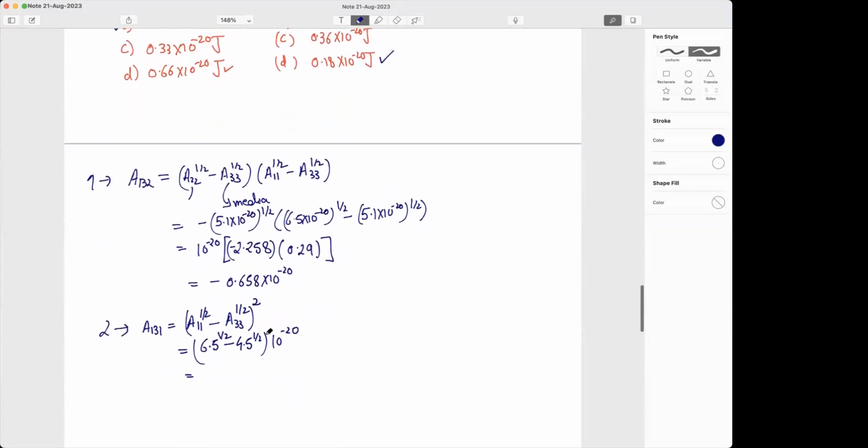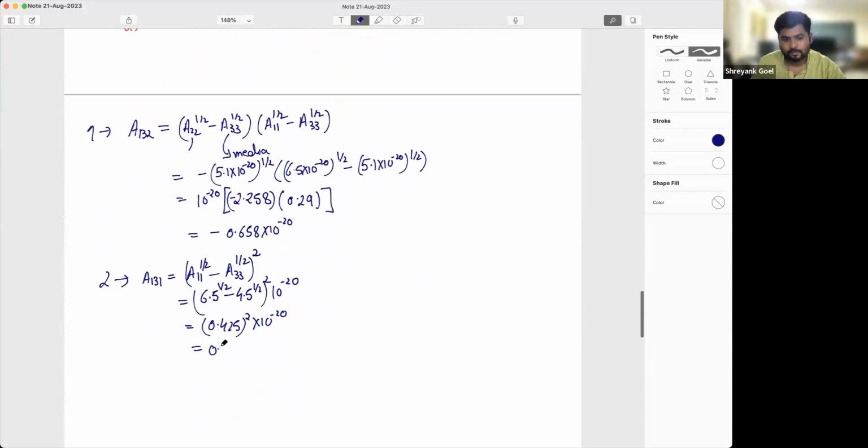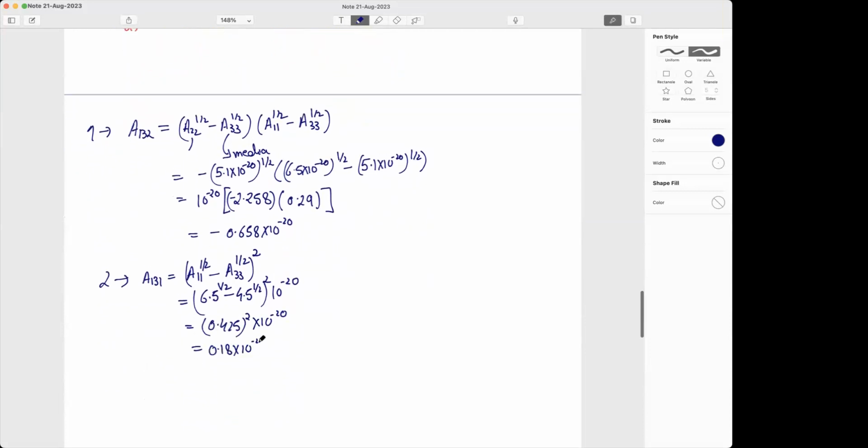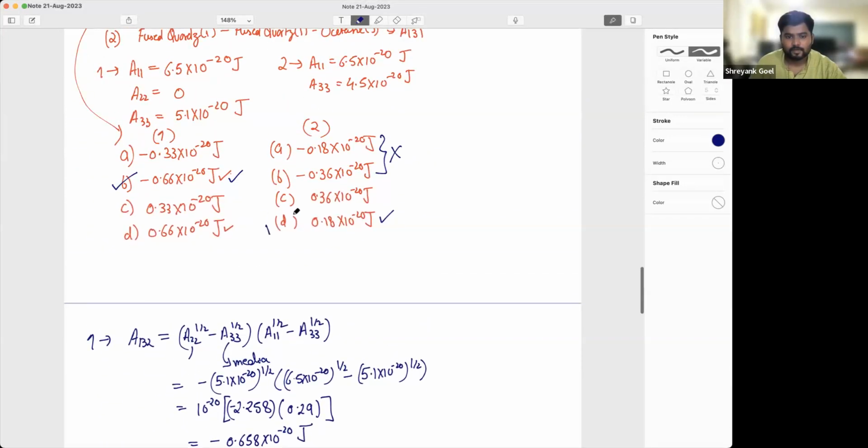So it becomes 0.18 into 10 power minus 20. And so what we get is 0.18 into 10 power minus 20. Okay, so this is the correct option.